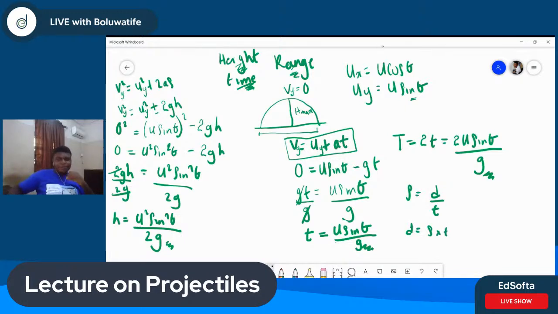Now, since when we are talking about projectiles, we're always dealing with the vertical component, this is my speed here, represented with u sine theta. So this can be written as u sine theta times time.